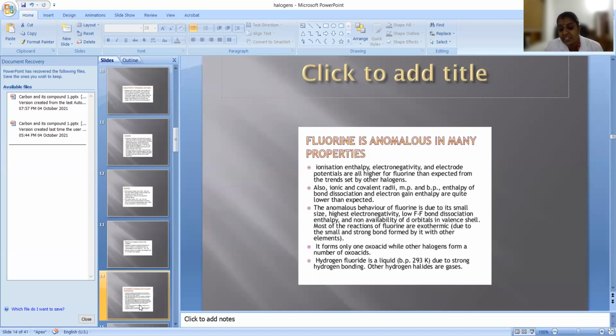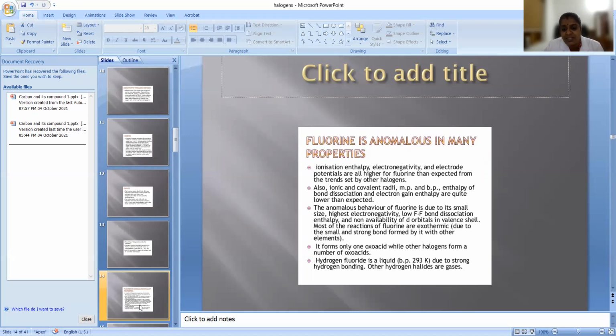It has high ionization energy, high electronegativity and high electrode potential. Also, ionic and covalent radius, enthalpy of bond dissociation and electron gain enthalpy are quite lower than expected.